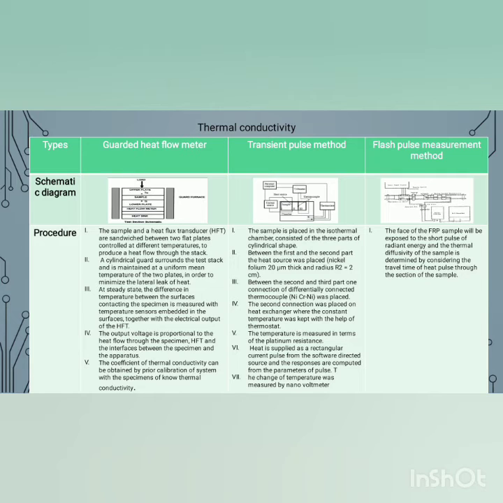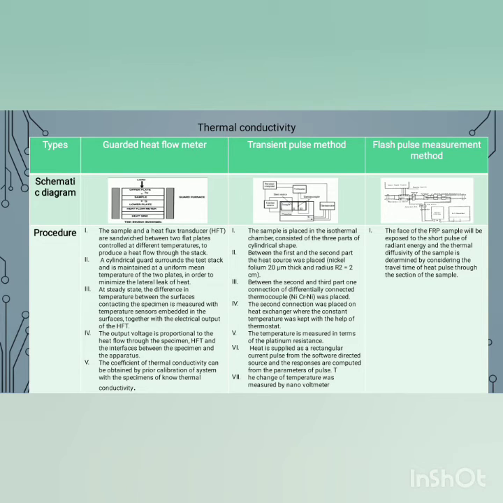For the transient pulse method, the sample is placed in an isothermal chamber consisting of three parts of cylindrical shape. Between the first and the second part, the heat source was placed, a nickel foil 20 micrometers thick and radius 2 cm. Between the second and third part, one connection of a differentially connected thermocouple was placed. The second connection was placed on a heat exchanger where a constant temperature was kept with the help of a thermostat.